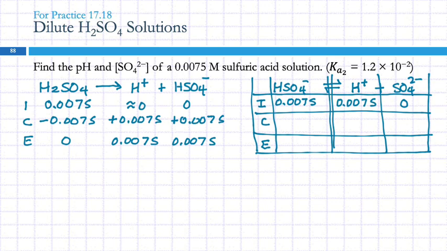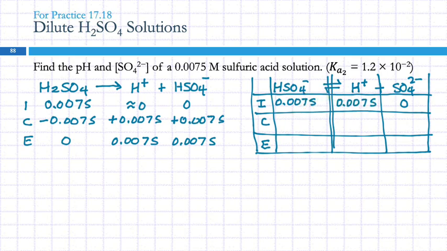So now we can see why this equilibrium doesn't contribute a lot to the overall concentration of hydronium ion. Because here we're starting out with a bunch of hydrogen ion. That's the product in this equilibrium, and so that's going to affect the position of this equilibrium.